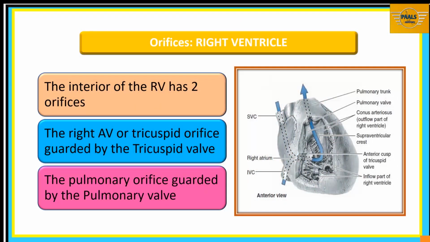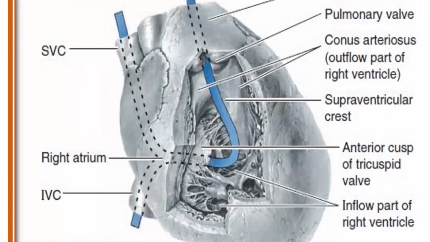We will now consider the orifices of the right ventricle. The interior of the right ventricle has two orifices. One here is the right atrioventricular or tricuspid orifice. That is the one we are seeing here. And then the other is the pulmonary orifice. That is the one here.